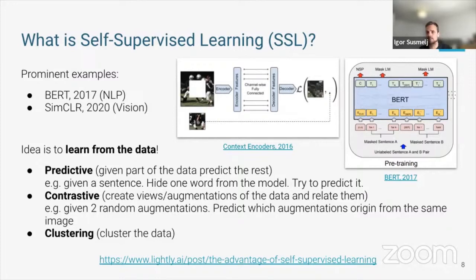And the same approach has been also used in computer vision in 2016 already, in a paper called Context Encoders by the lab of Alexei Efros in Berkeley, where we just take an image and we remove part of the image and we train a model to in-paint. So kind of find the missing pixels in the white area in the center in order to reconstruct the original image. And the idea there was very similar.